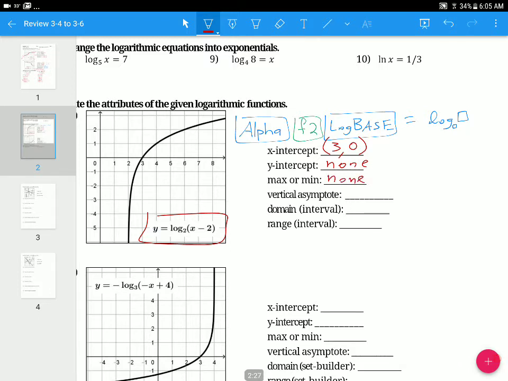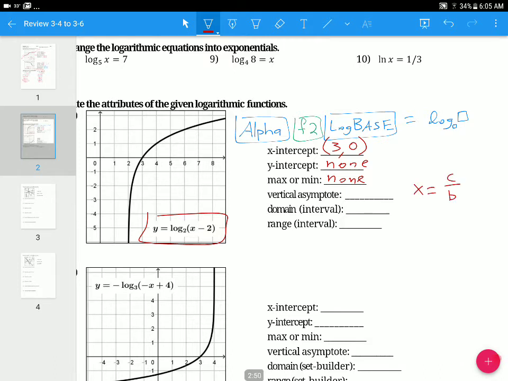Your vertical asymptote, that's this line right here. You notice how this comes down and then kind of straightens out really close? It's right there. Now, if you looked on your chart, your chart says it's at x equals c over b.